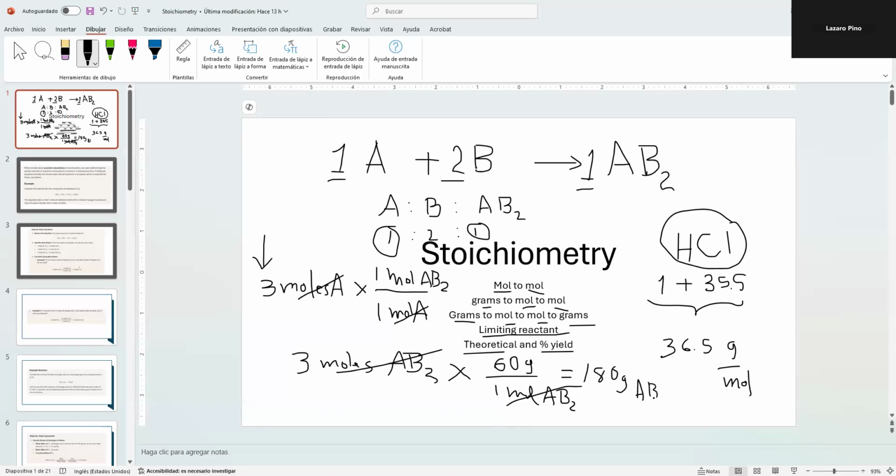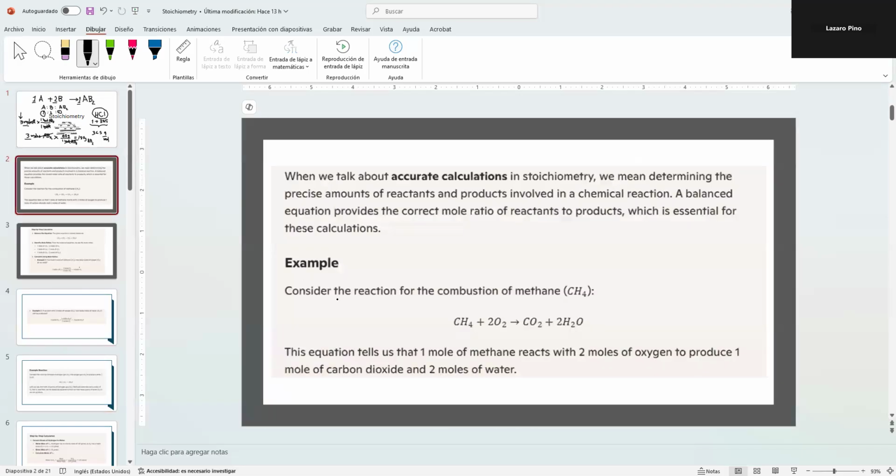Then here you have the two types of calculations that you can do in stoichiometry. They are the main ones. First, going from mole to mole. And now going from mole to grams. Let's see the first example.